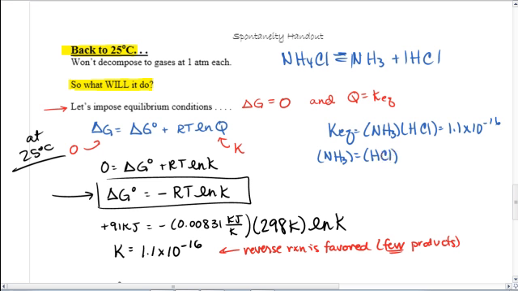Sort of like x squared equals the K value. And so that's going to be equal to the square root of the KEQ. And when you do that, you end up with 1 times 10 to the minus 8 atmospheres.